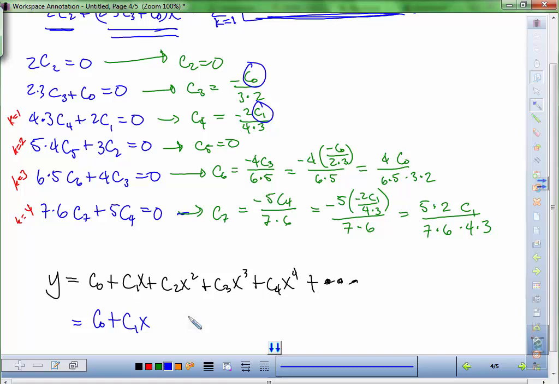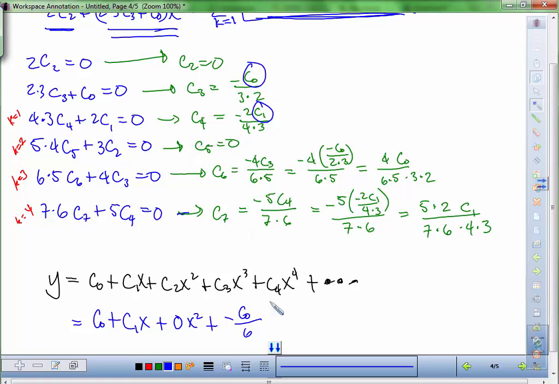Now C2 is gone, so let me just put 0 here. And then I'm going to have one more line where I split up the two different functions. Now I have a C3, which is negative C0 over, let's just say over 6, since we didn't really find a good pattern.